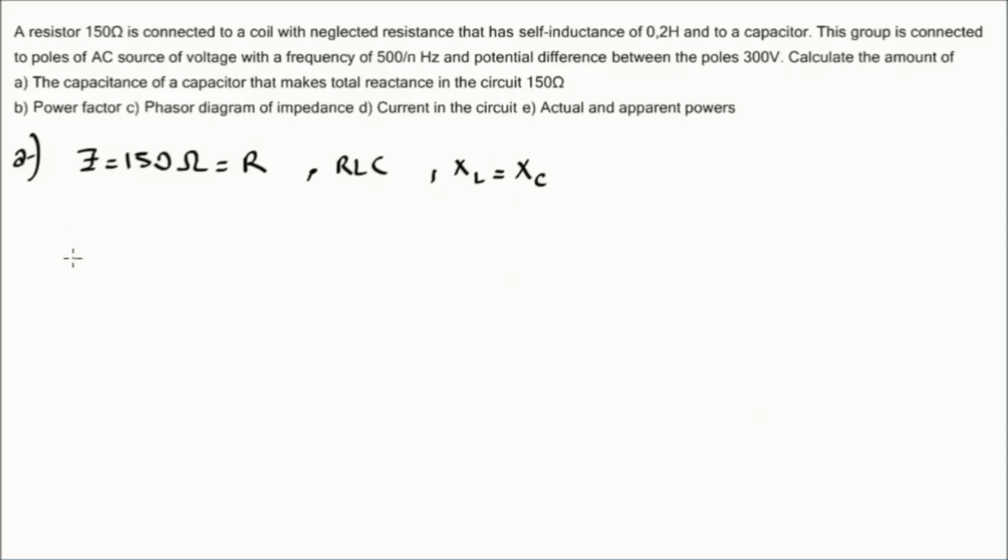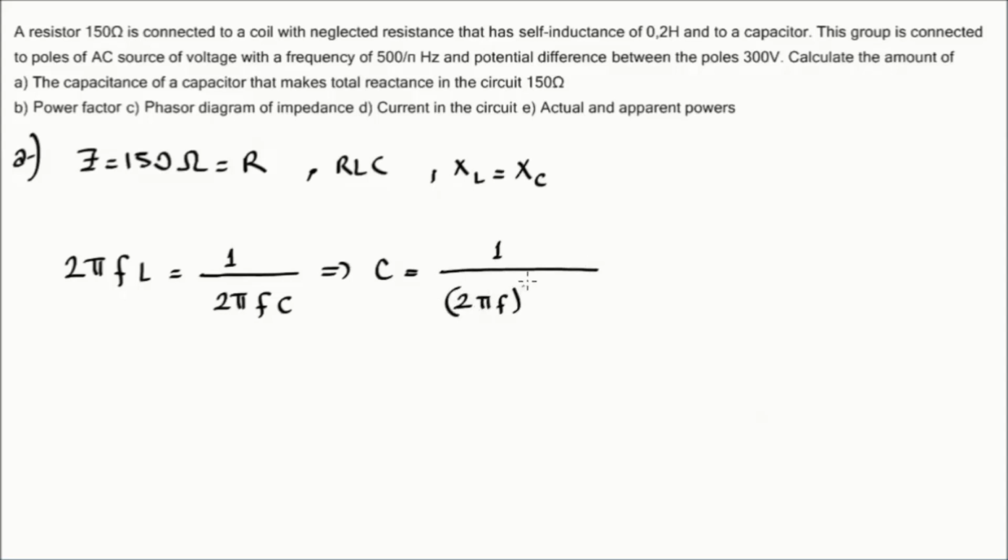Formula of XL: 2 pi F L equals 1 over 2 pi F C. The question says calculate the capacitance, that means C. It's going to be 1 over 2 pi F squared times L.